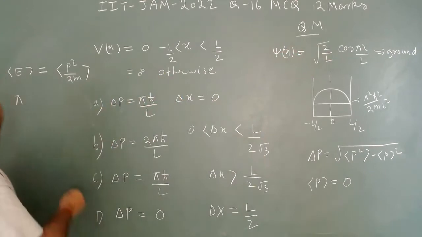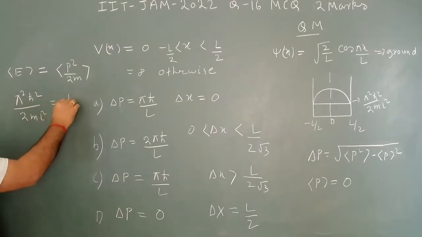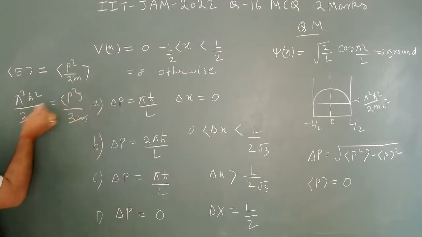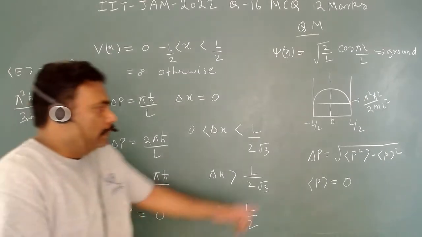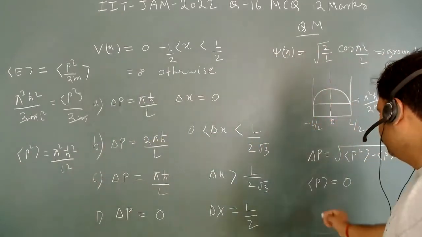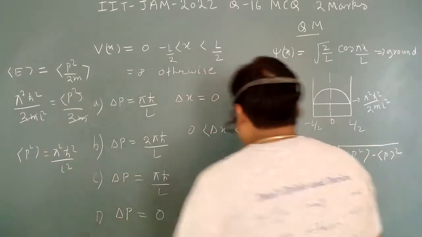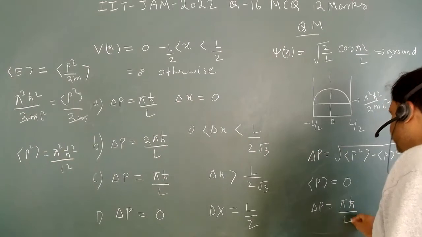So pi square h cut square upon 2 m L square is the expectation value of P square by 2m. So the expectation value of P square is equal to pi square h cut square upon L square. When we calculate delta P, we take the root of this, and this value is pi h cut upon L.